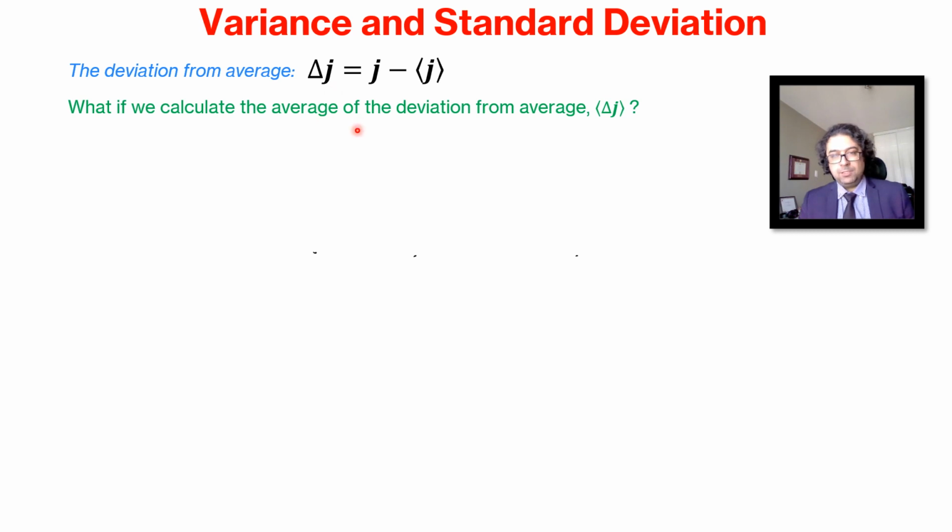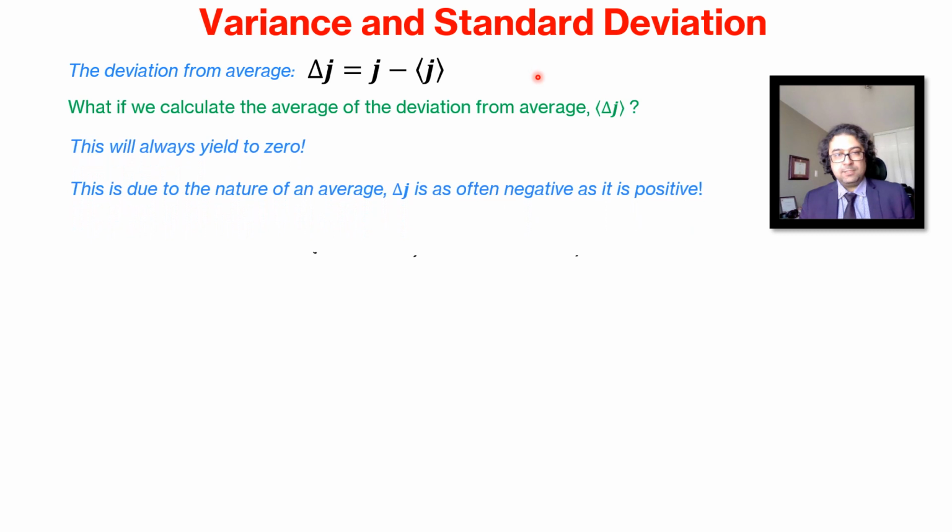But there's a problem here. If I take the average of the distribution, I get this guy here, the expectation value. And if I want to take the average of the deviation from the average, I would always end up with 0.